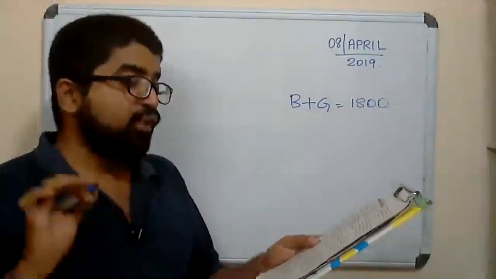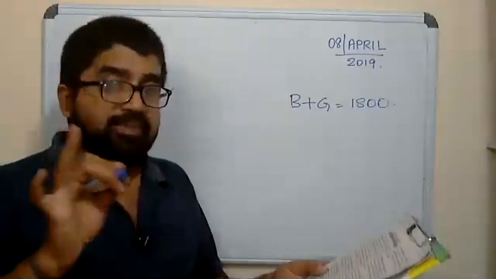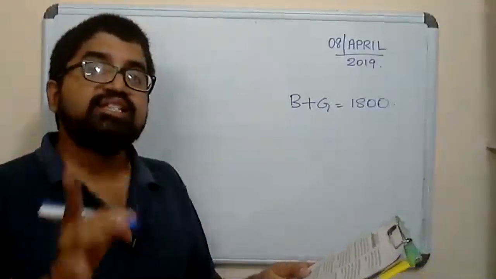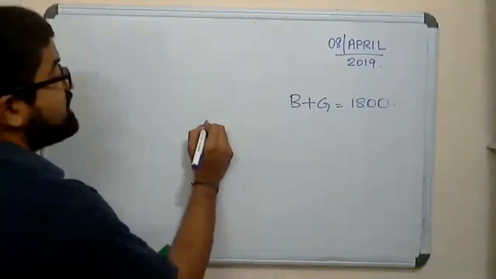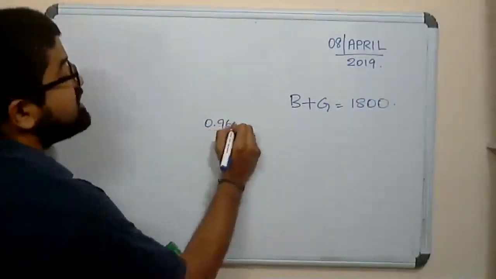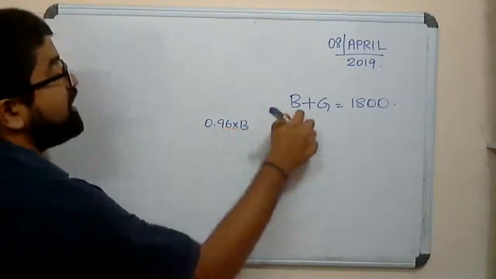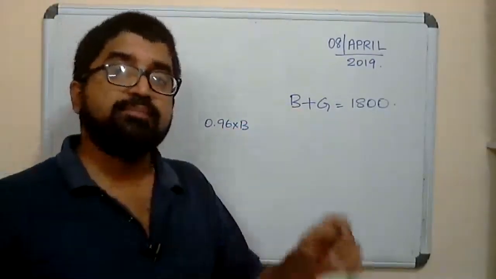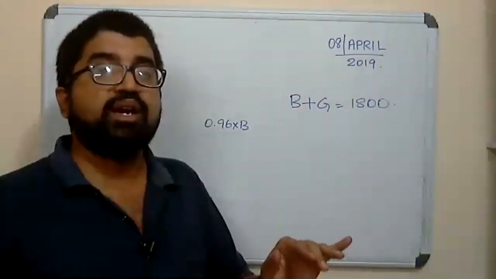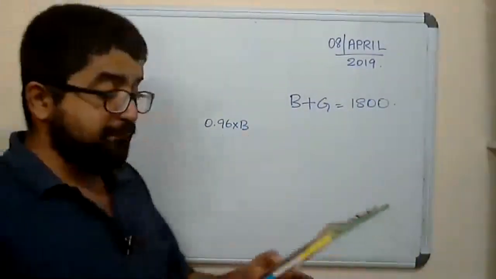Last day, 4% of the boys were absent, which means 96% of the boys were present. So we can see that 0.96 times B, the total number of boys, I assume it to be B. So 96% of B comes to B into 96 upon 100, that is 0.96 B.